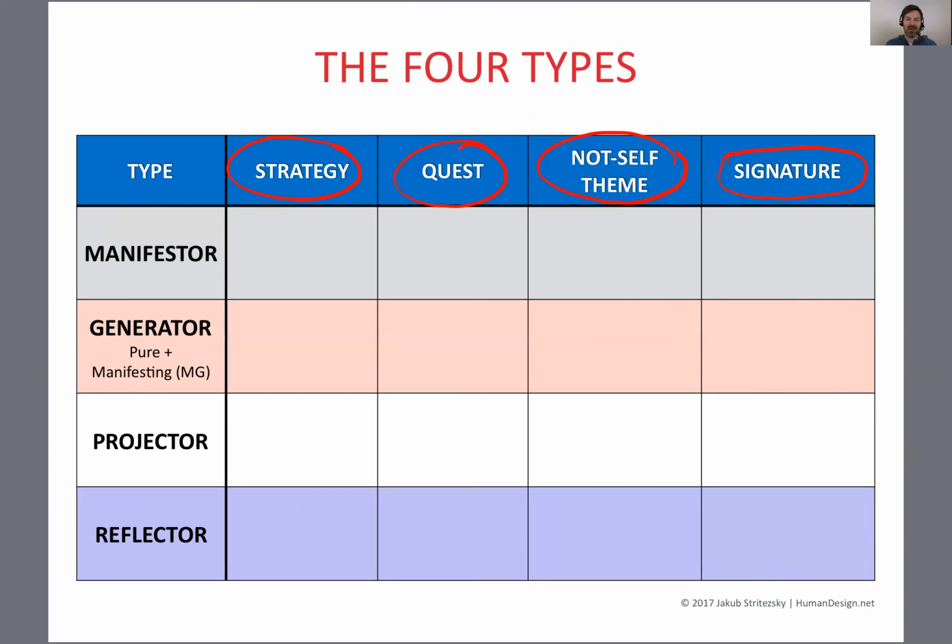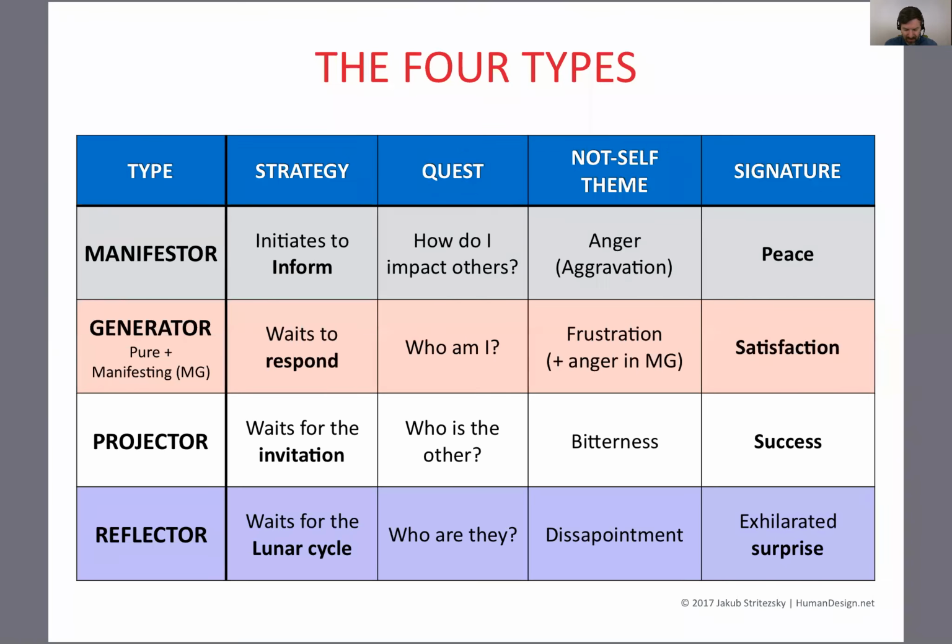That doesn't mean to behave as the law says, or as your partner says, or as whoever says, but it means behaving in accordance to your energetic body, accordance to your aura. So very briefly, manifestor is here to inform, impact other people, to reach the peace, and if they don't do that, they can be pretty aggravated or angry.